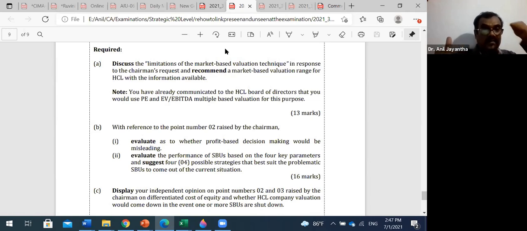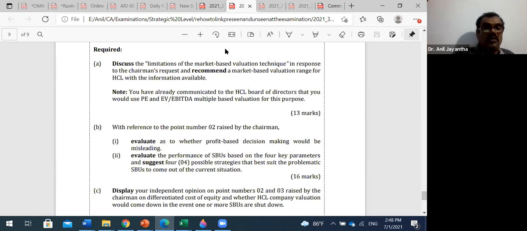So discuss, remember the action word, discussion. Discussion means giving facts this way, that way. It's not really explaining one idea. When you are to discuss something, you need to provide facts for and against. Sometimes you can come out with some conclusion, your opinion as well, but it's a discussion.